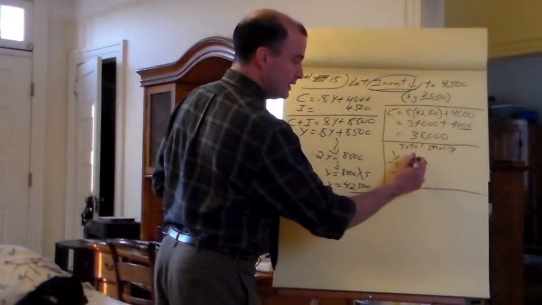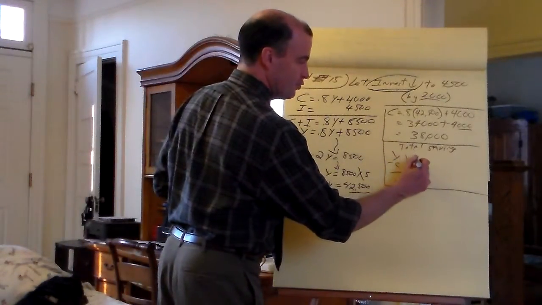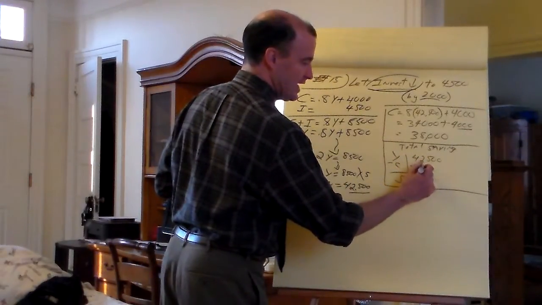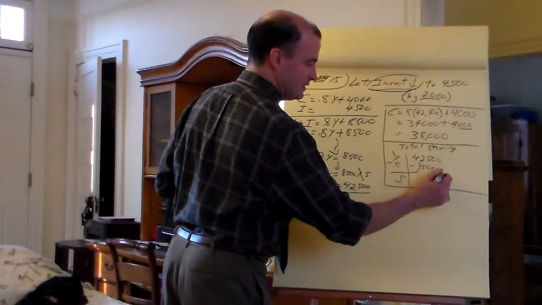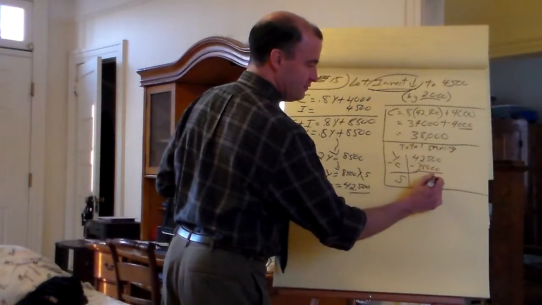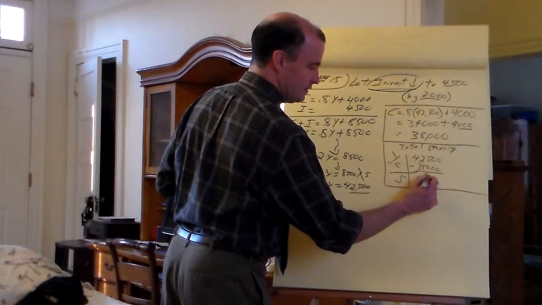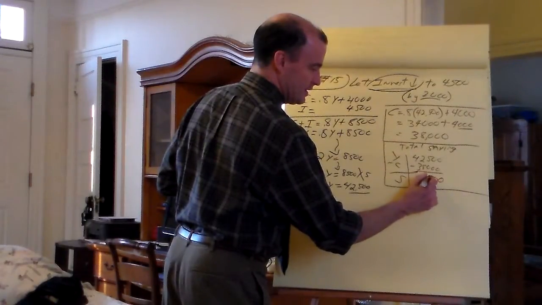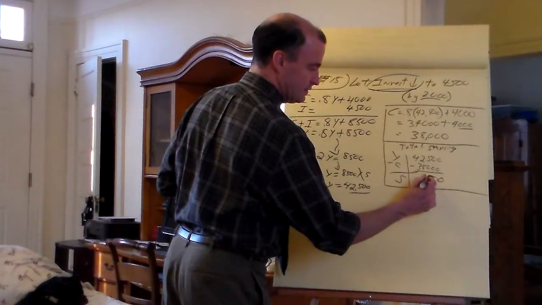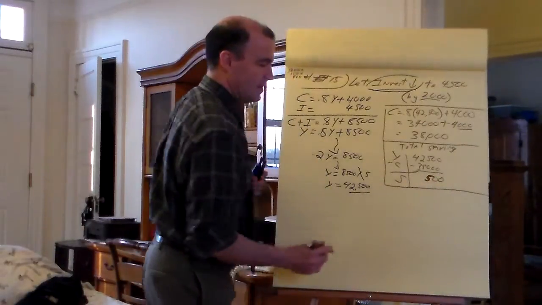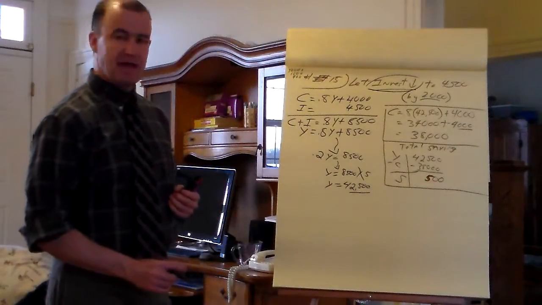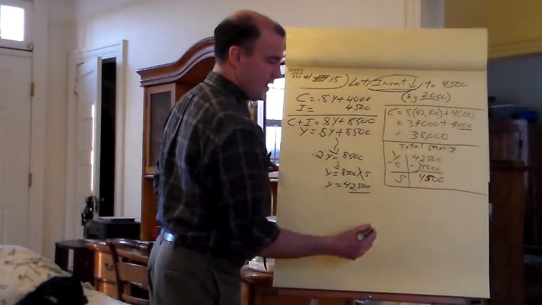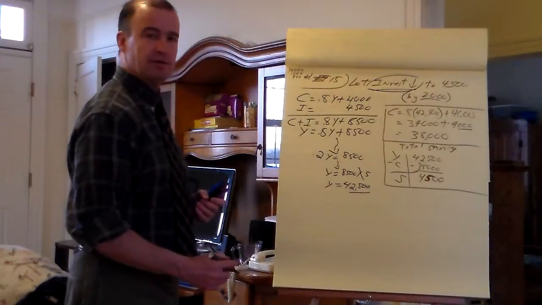Anyway, let's see. 42,500 minus 38,000 gives me 4,500.